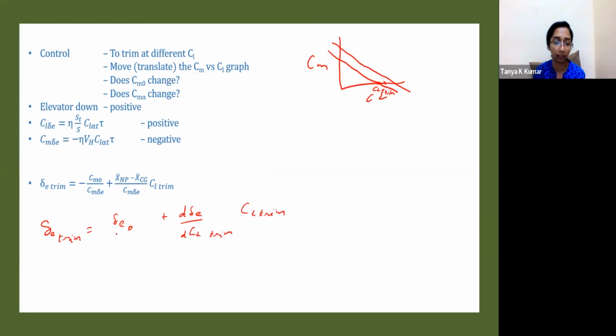So this delta E naught is this component. CM naught is positive, CM delta E is negative. So this entire term would be positive, right?